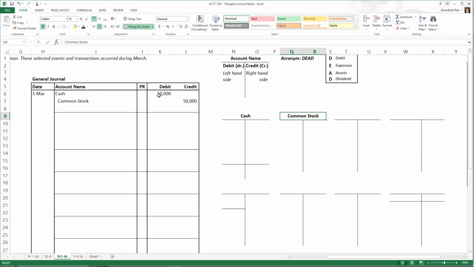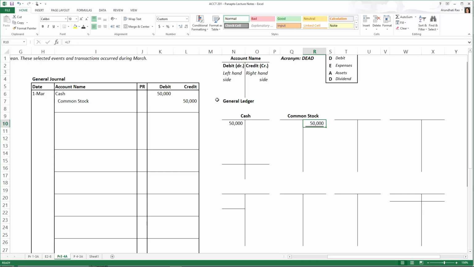Cash was debited $50,000, so on the left-hand side I transfer that $50,000. That process is called posting. When I take it from the journal into the ledger, it's called posting. So these are the ledger accounts we're looking at. Common stock was credited, so on the right-hand side I'm going to post $50,000.